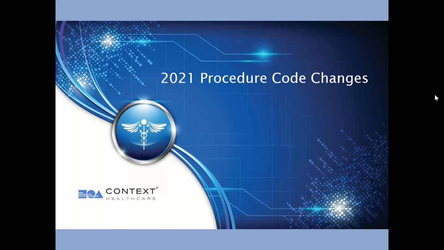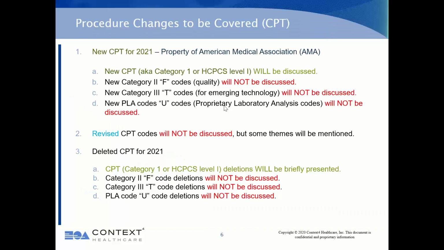To get started, in the first two slides, I outline the 2021 procedure code changes I will cover, and due to time restraints, those I will not. I will discuss new 2021 CPT Category 1 codes, and I will briefly present 2021 Category 1 deletions.